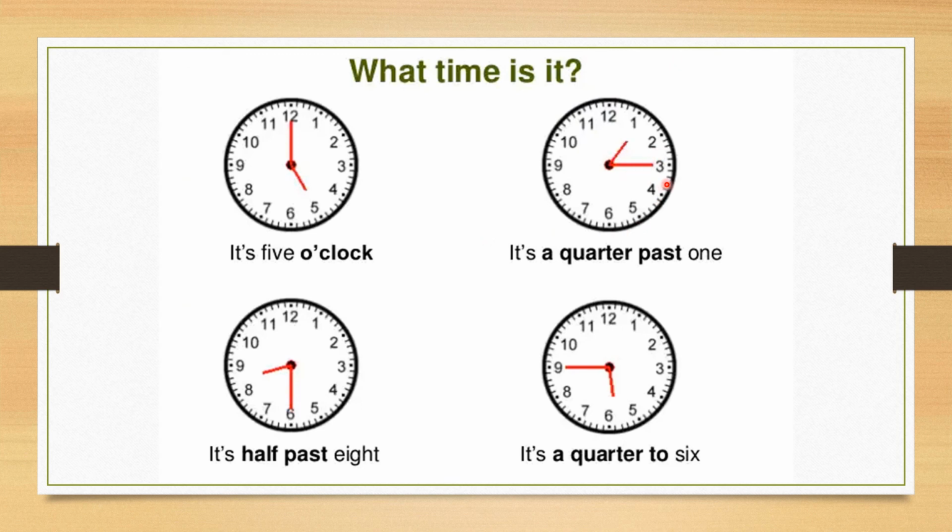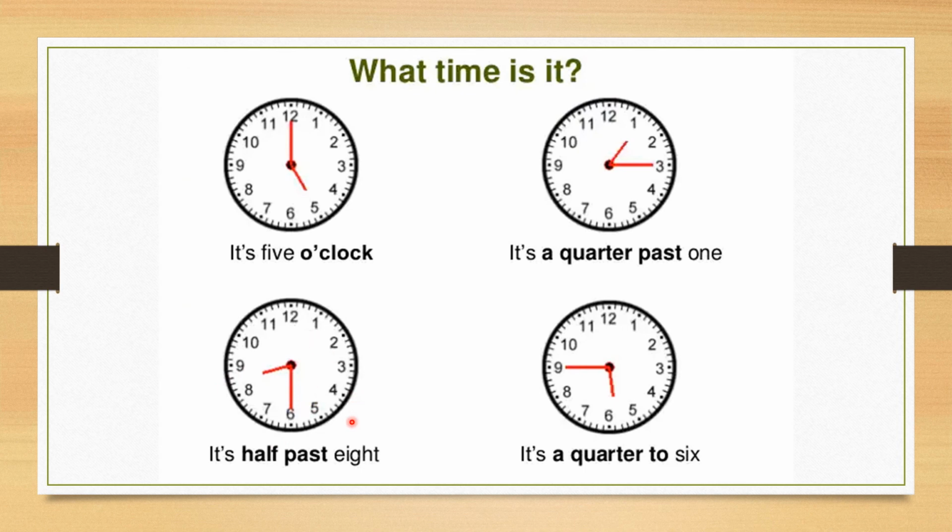So because we said there are 60 minutes in an hour, if we count in 5s, 5, 10, 15, 3 will be 15. So it's 1:15 because the small needle is telling us it is 1 o'clock.